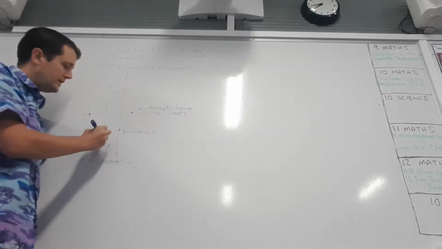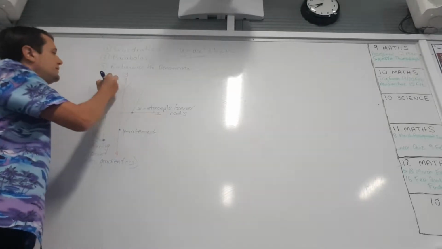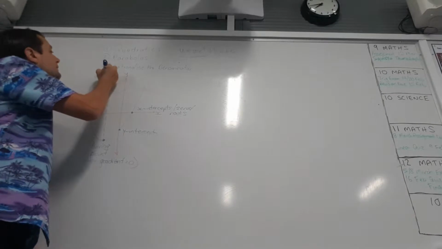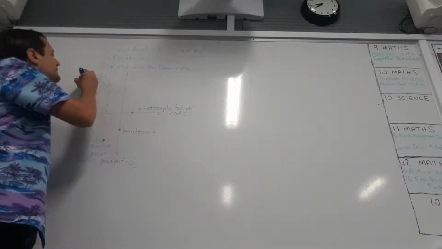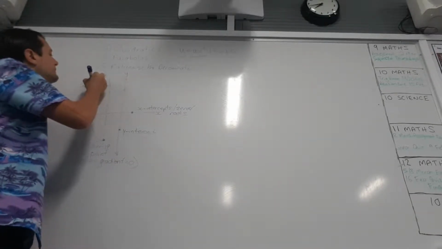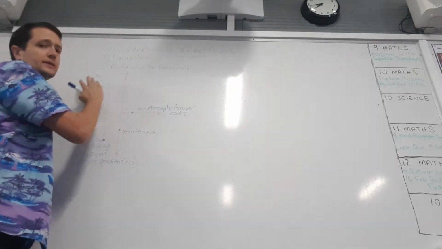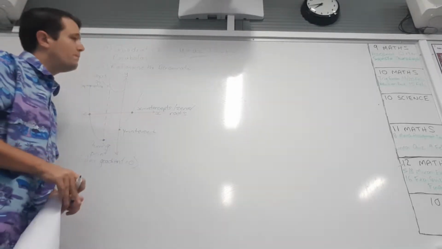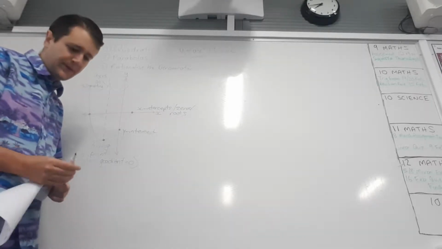So you could draw a line down here at x equals a certain value, and that is the axis of symmetry. So it's symmetrical, it's the same either side from that line. So there's your base parabola concepts.